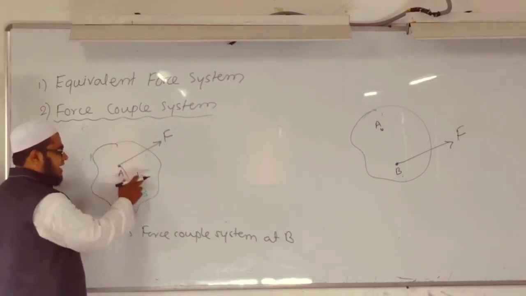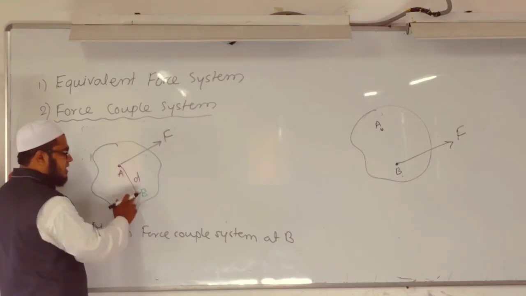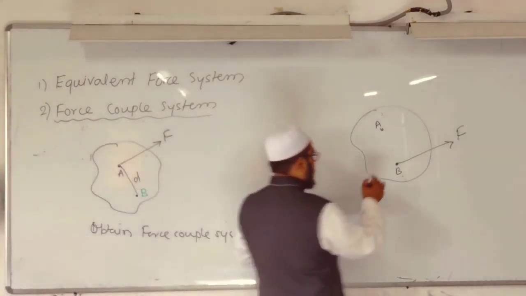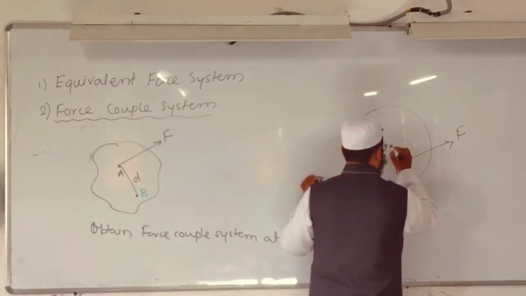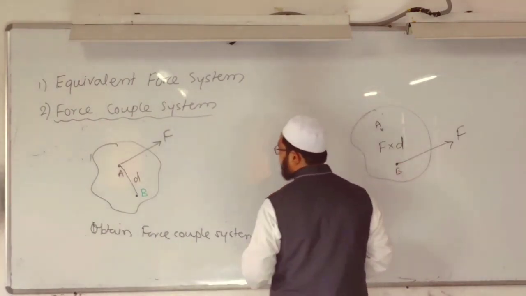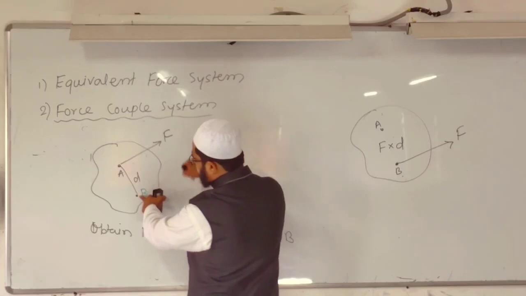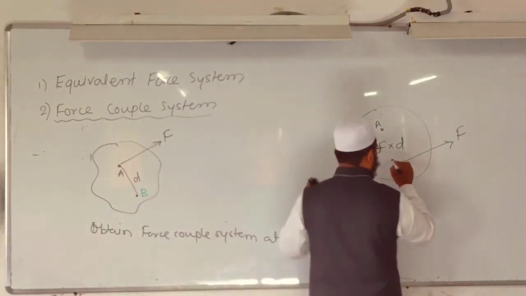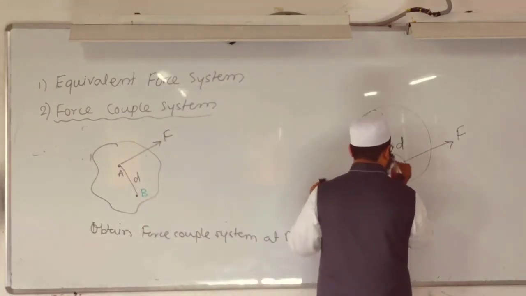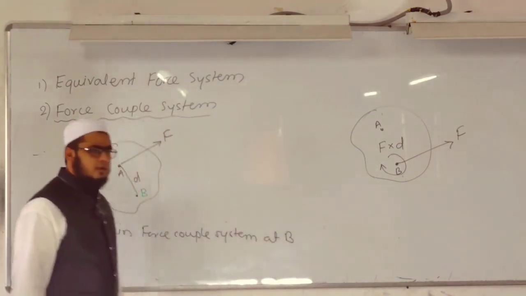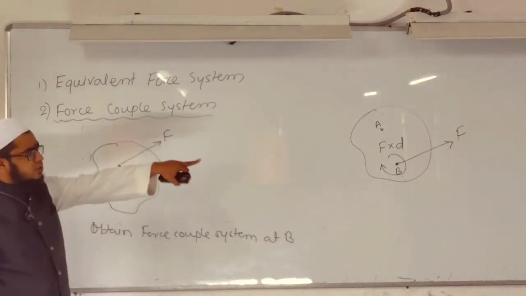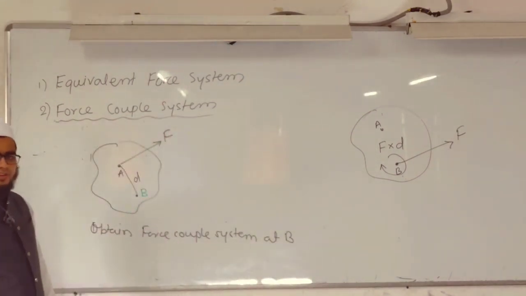Force is F and distance from the moment center B is D. Therefore, the couple will have the magnitude of F into D, with orientation from B in the clockwise direction, so we will write it. Now the given force system is transferred to the equivalent force couple system.